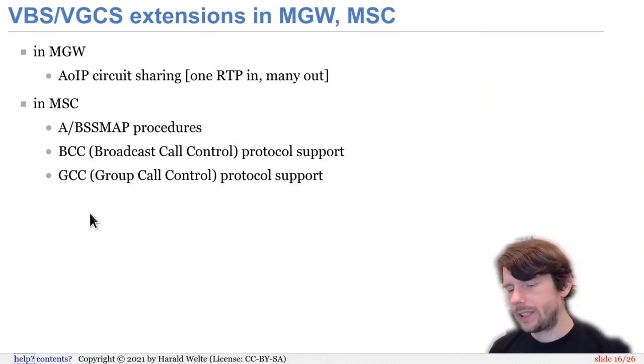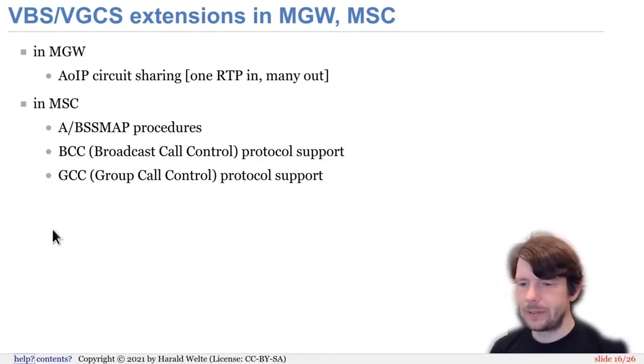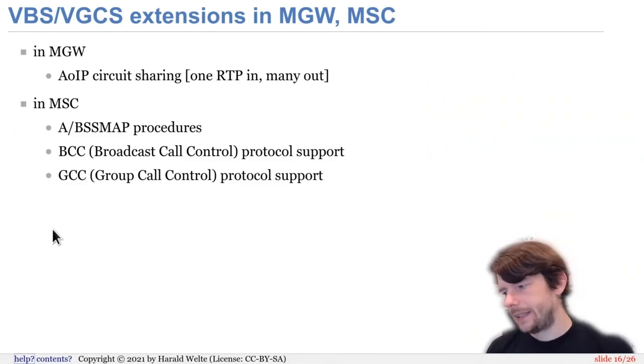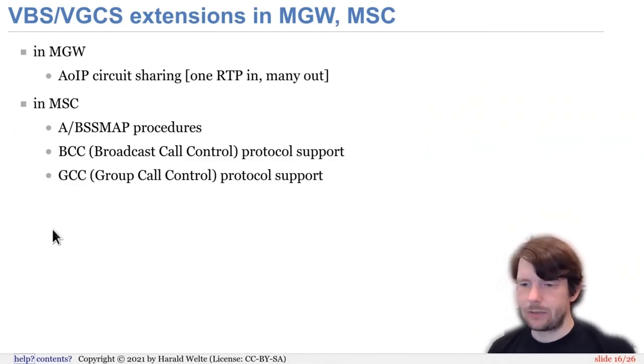There's also a bit in the HLR, I think it will be mentioned in one of the later slides, that you need to manage the so-called functional addresses, to which we will get shortly in one of the next couple of slides.